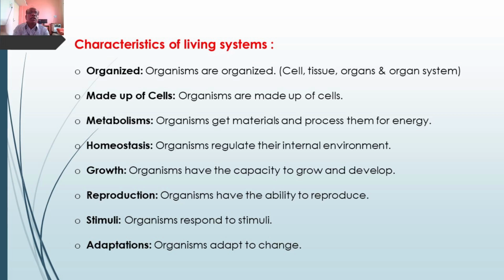The organization of the organism will pass through several steps, that is the cell, right from a zygote or the embryo, then tissue, then organs, then organ system, and finally will develop into a new organism, that is organized. So this is an important characteristic of the living systems, that is organization.